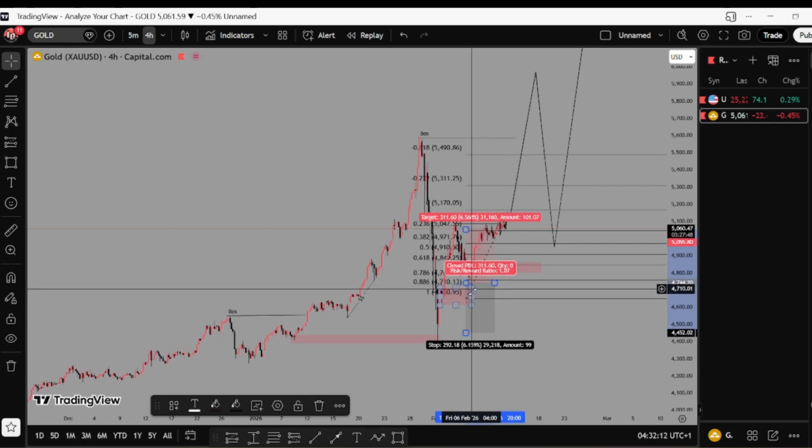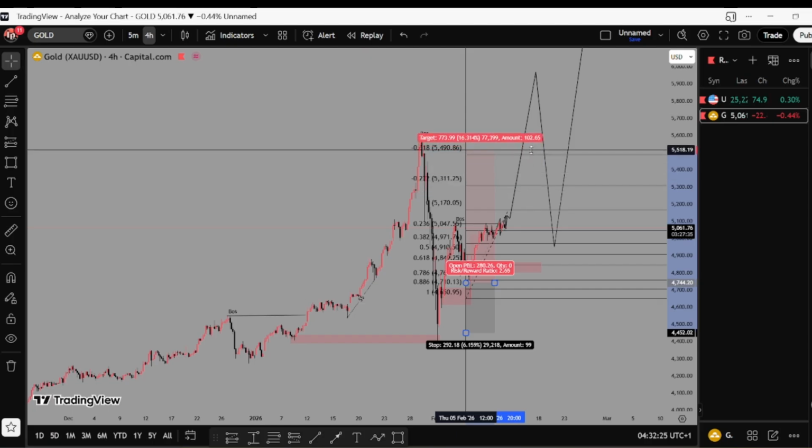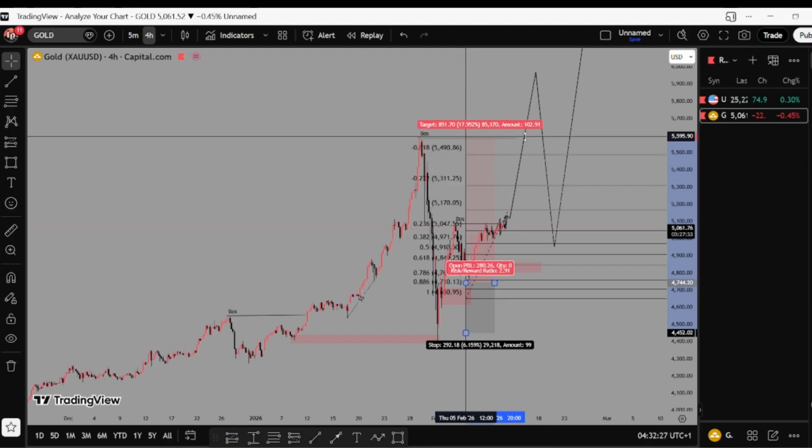So that's just it. You do your stop loss times 3 from the low point of where your invalidation is, then you target 1:2 or 1:3. This is how you hold a swing trade on gold. It's quite simple.